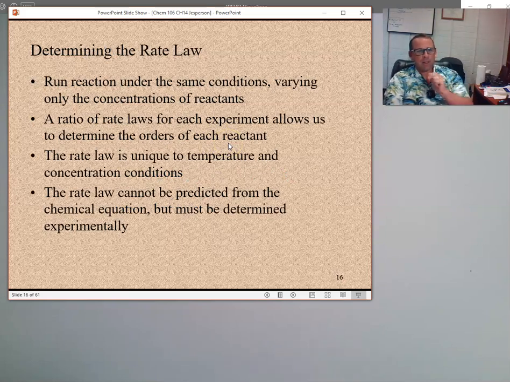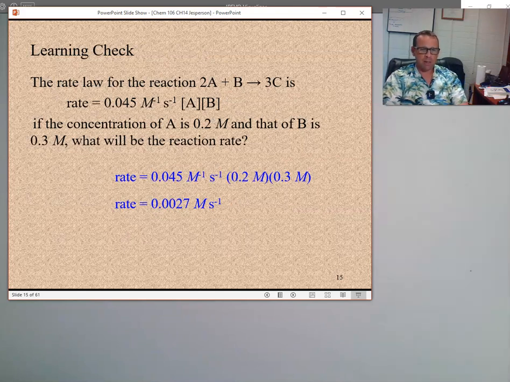Okay? So, how do you determine the rate law? I'm going to emphasize one more thing before we go on to that slide. Rate laws are specific to a given chemical reaction. So every chemical reaction gets its very own rate law. In fact, every chemical reaction at a specific temperature gets its very own rate law.